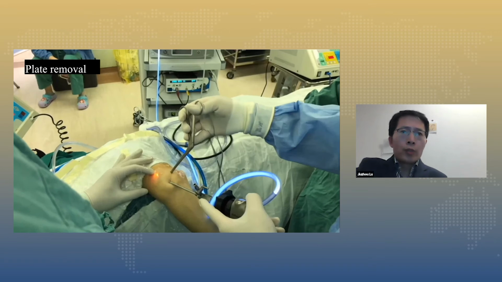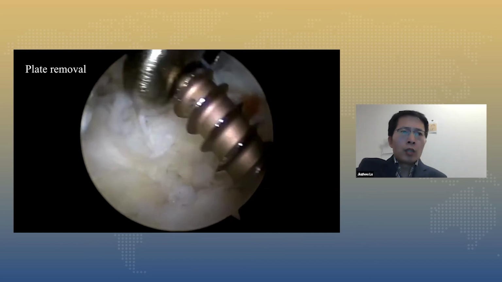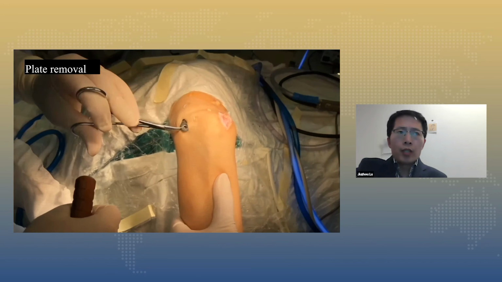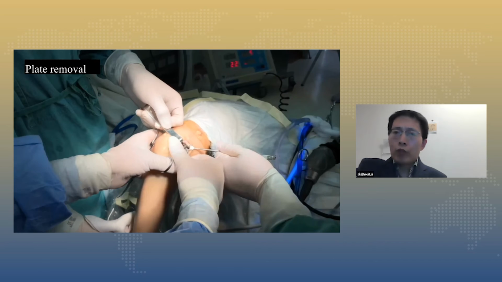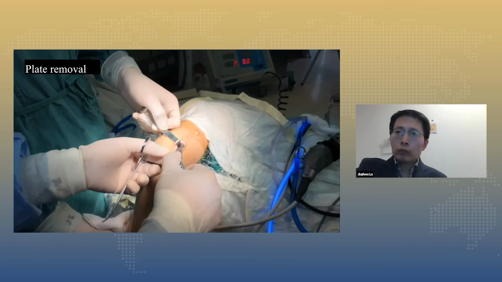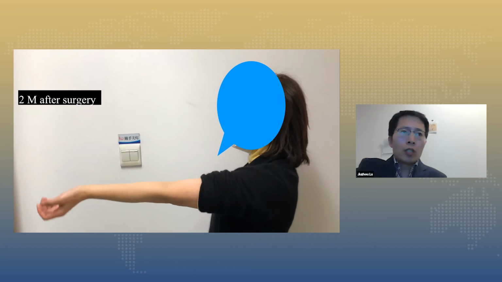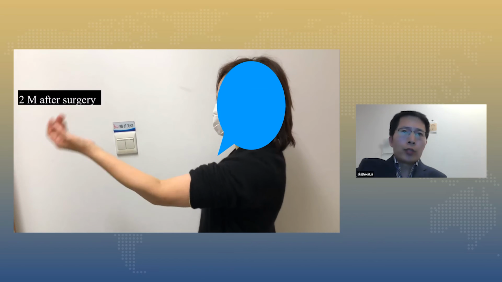The ulnar nerve should be exposed. The medial plate needs to be removed. The ulnar nerve should be exposed and protected. This is a 2 month follow-up with good range of motion after surgery.